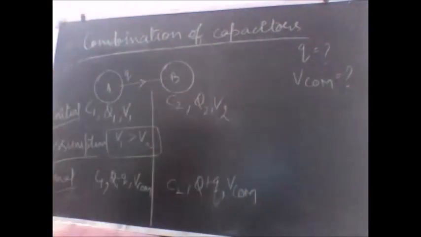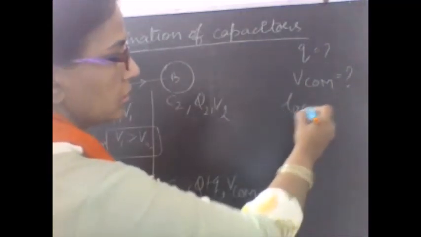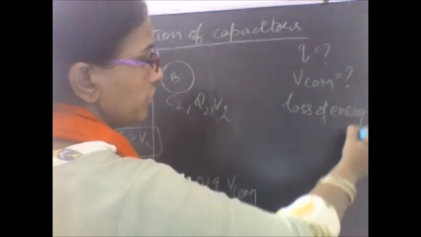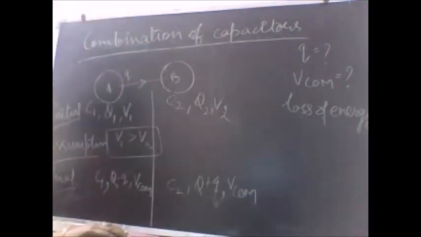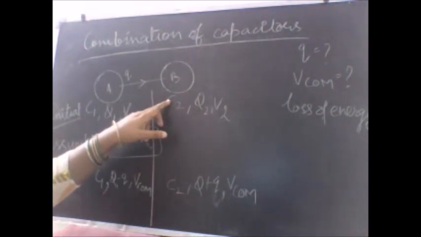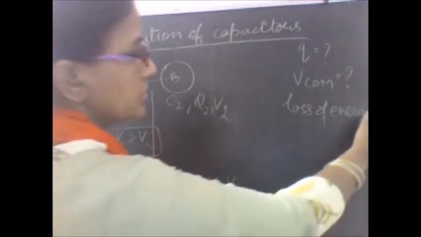And the third thing is we have to find out the loss of energy. When will the loss of energy take place? When the charge flows from one body to another body to acquire a common potential. Then the loss of energy takes place, and how much of the energy is lost in this process, that I need to find out.